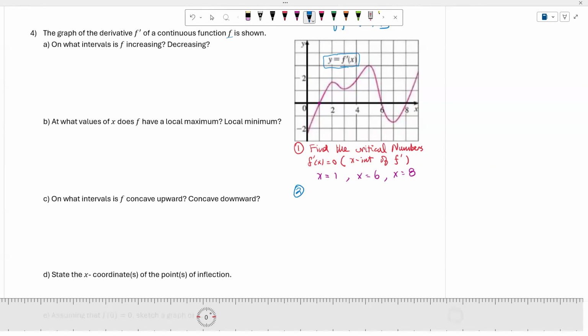And second, I would like to create a sign chart for f prime. Remember what we need: we need to put down 1, 6, and 8 on this f prime, nothing else.